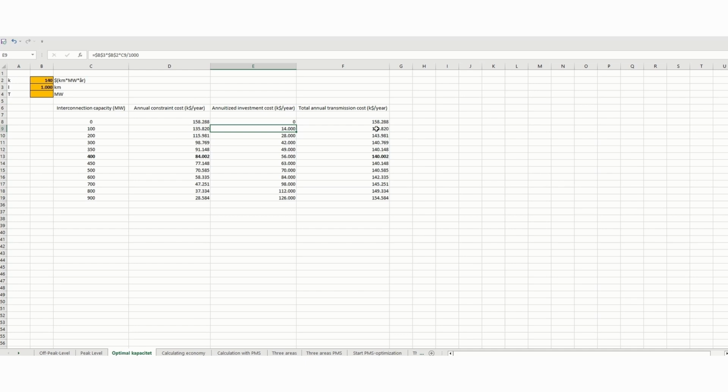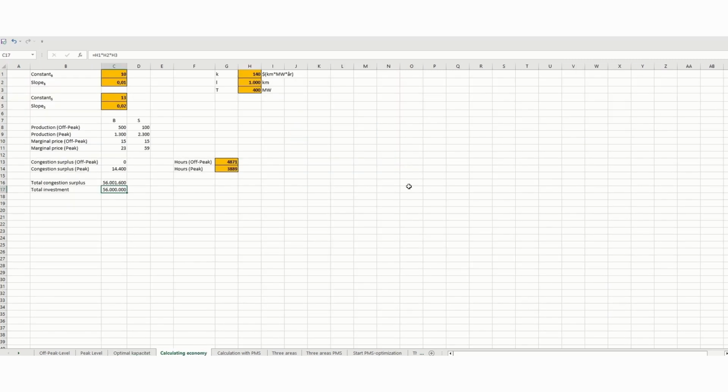And this is the sum of these two costs. As you can see, it is the same as in the textbook. At 400 megawatt capacity of the transmission line, we have the minimum of the total cost of investment cost and annual constraint cost. We got the same result as in the textbook.